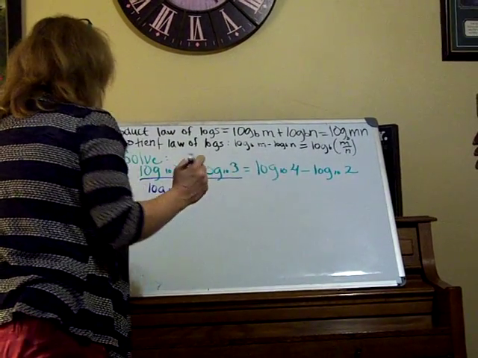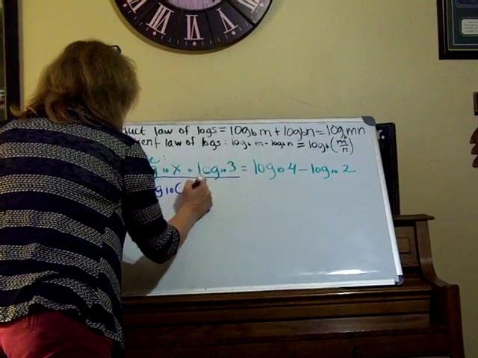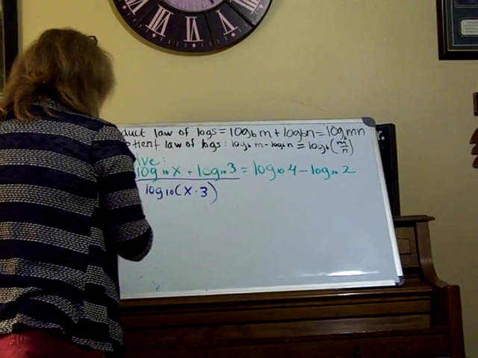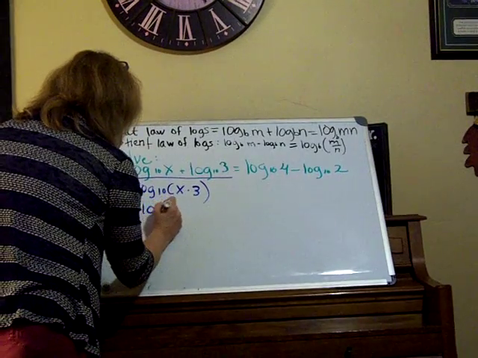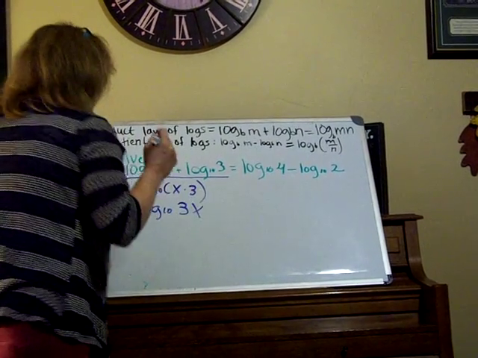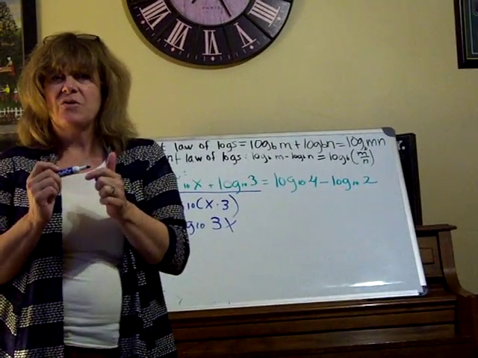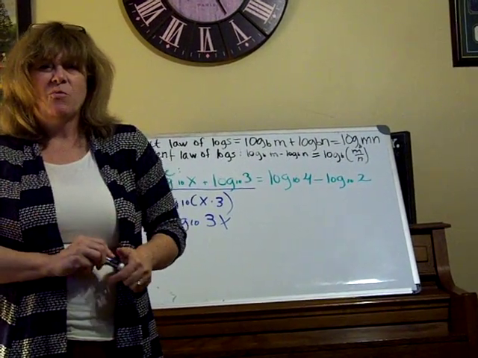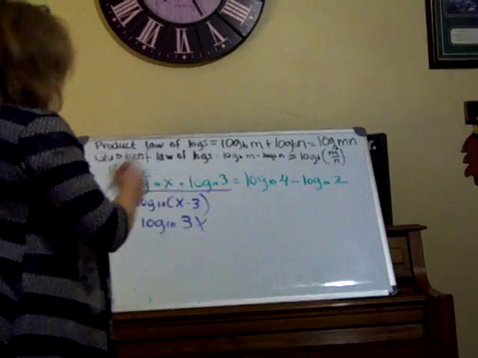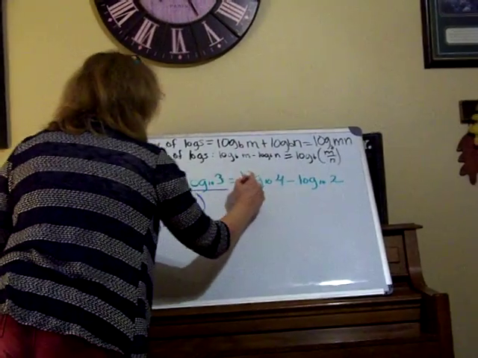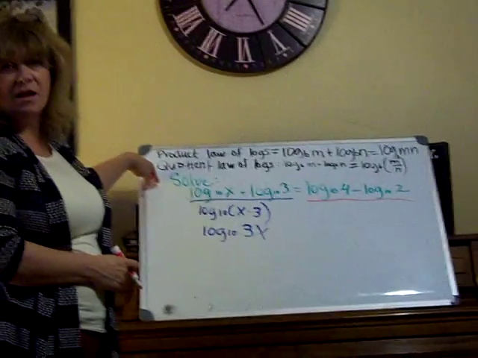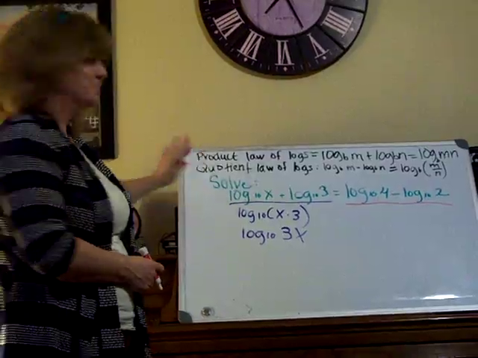Log base 10 of x multiplied by 3, which goes down to log base 10 of 3x. So half of our rule has been in play. Let's look at the other half. We can see that we are subtracting here, so we are going to use our quotient law and really divide.